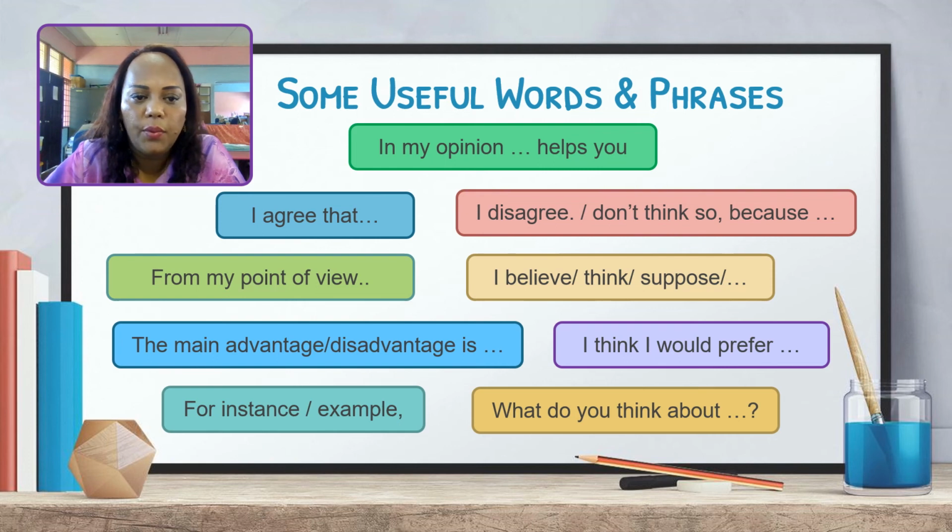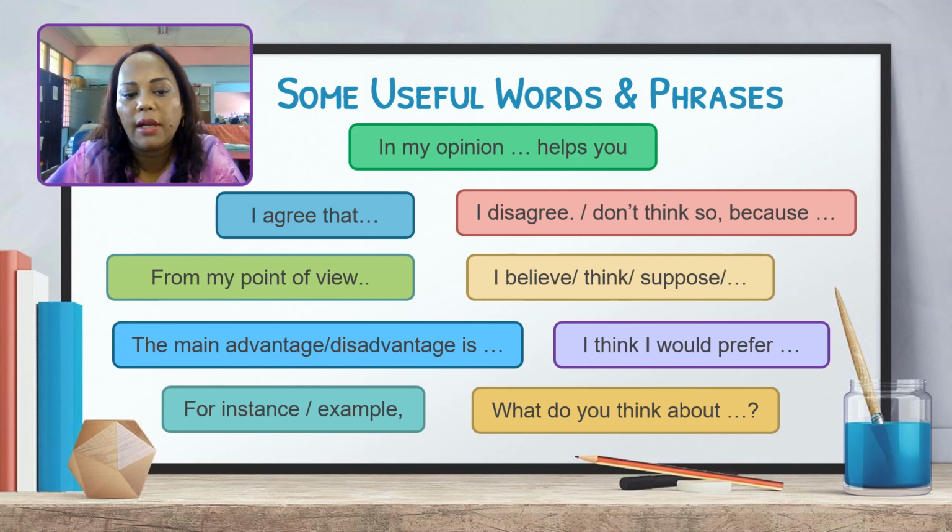For example, here you have "in my opinion," and the dash here is the point that you're going to put in. In my opinion, reading helps you, and then you explain. I agree that, or I disagree that, or I disagree because, or I don't think so because, from my point of view, or I believe, I think, I suppose.